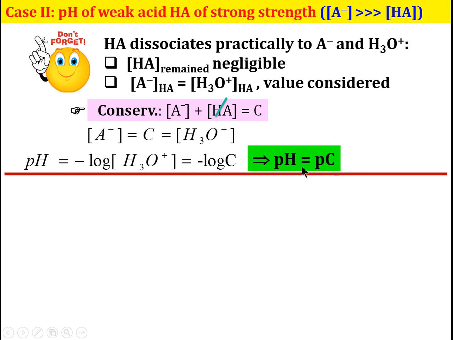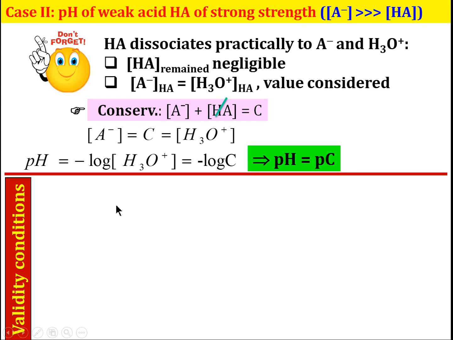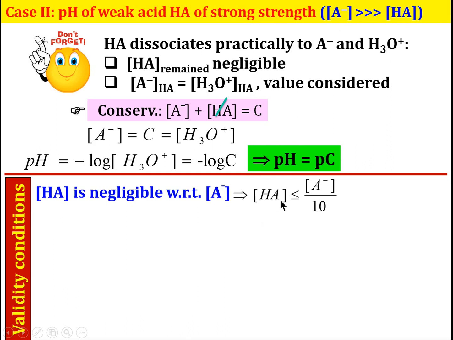This relation is valid for an interval of pH and an interval of concentration. So what are the validity conditions for this relation? In this formula, we suppose that HA is negligible with respect to A minus, so HA is less than or equal to A minus divided by 10.